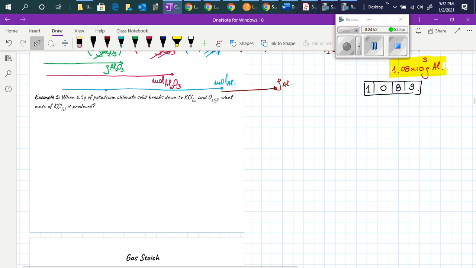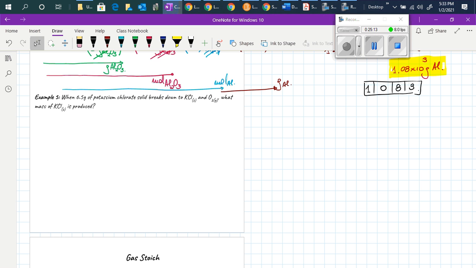Let's move to the next example here. When 6.5 grams of potassium chlorate solid breaks down to potassium chloride and oxygen, what mass of potassium chloride is produced?